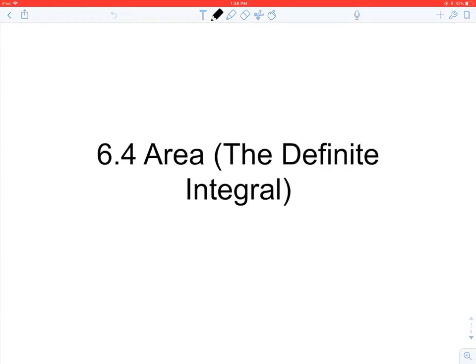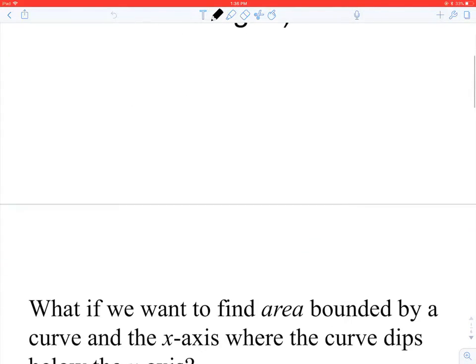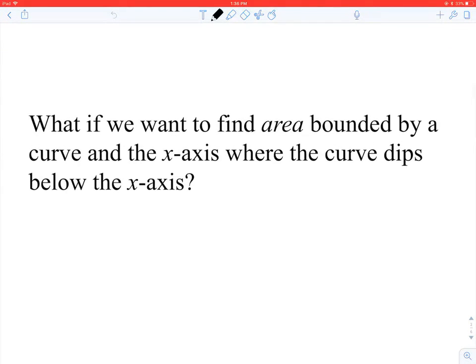Okay, so section 6.4 is area and how it relates to the definite integral. So we've already talked about the definite integral representing the area under a positive function.